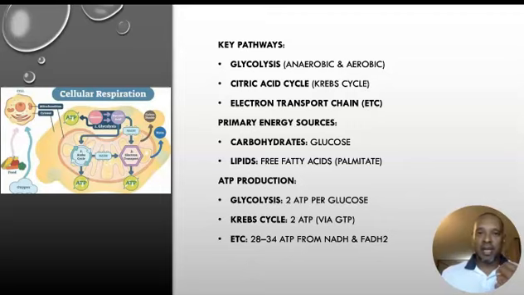Then the citric acid cycle follows, producing 2 more ATP indirectly. And finally, the ETC is where the real energy comes in, making between 28 to 34 ATP from molecules like NADH and FADH2. Overall, glucose and fats, such as palmitate, fuel these pathways, helping us to stay energized for everything we do.